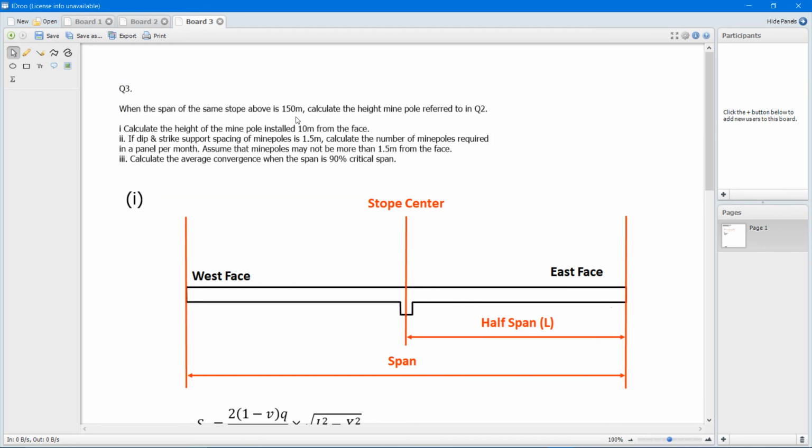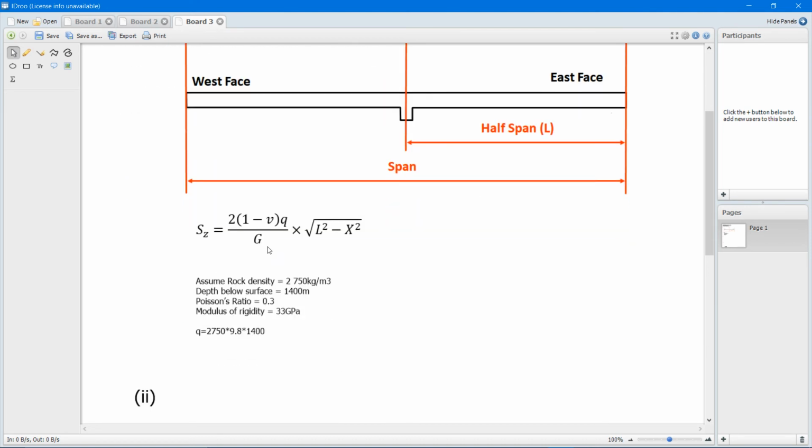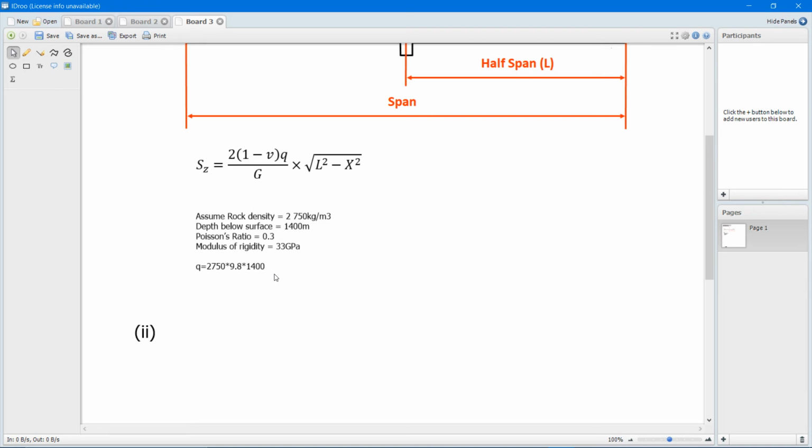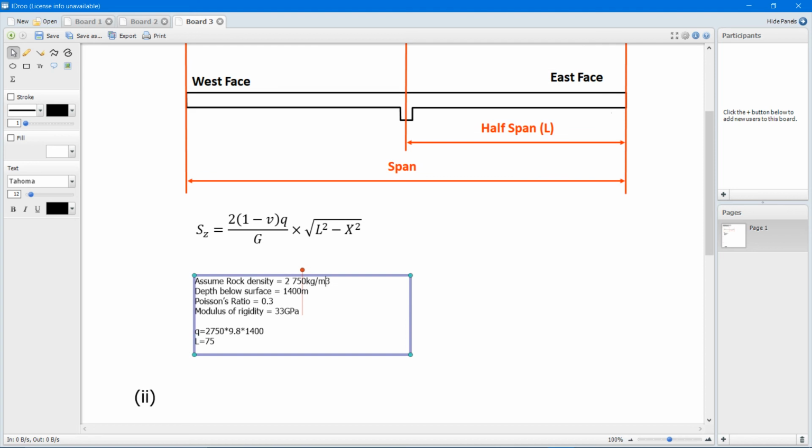So the half span then becomes half of 150, which is 75. So L is equal to 75.